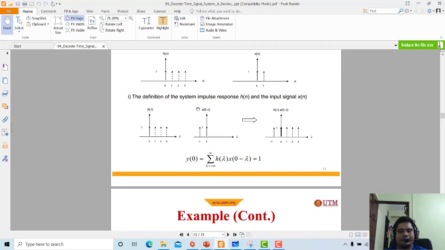Everything that overlaps, you multiply together. That is the sum of product that we talked about before in two-dimensional signals.